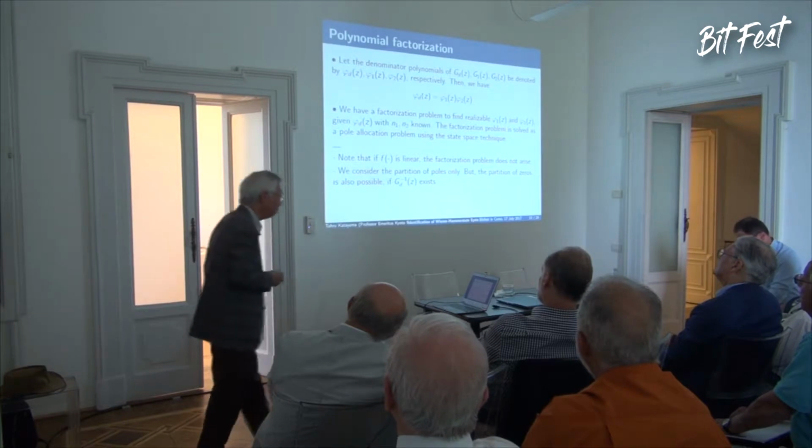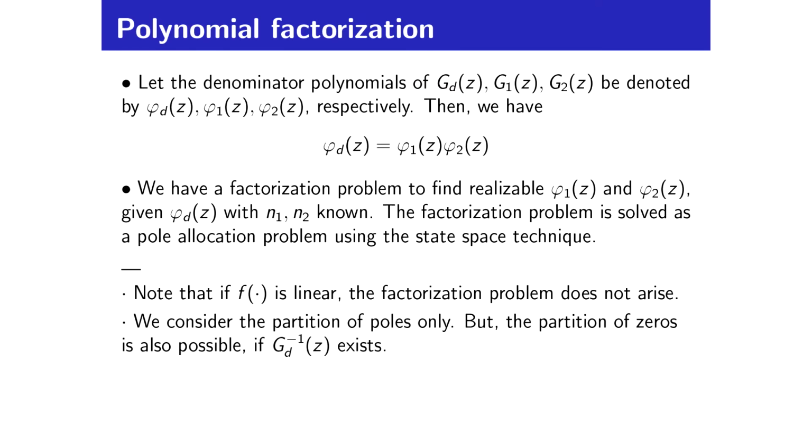And so we come up with the polynomial factorization, defining the denominator polynomials of these transfer functions, phi d, phi 1, phi 2. Then we have this, because we don't have the pole-zero cancellation.